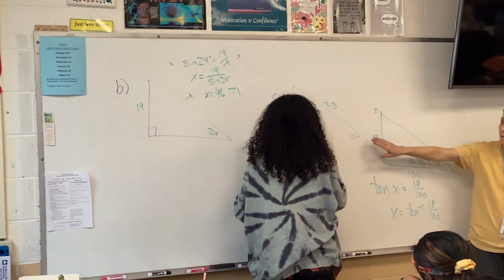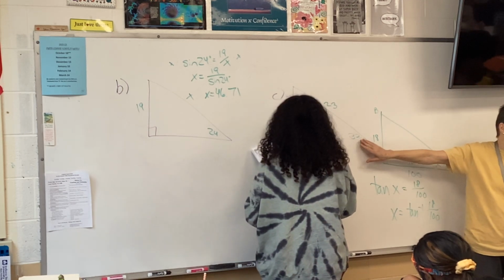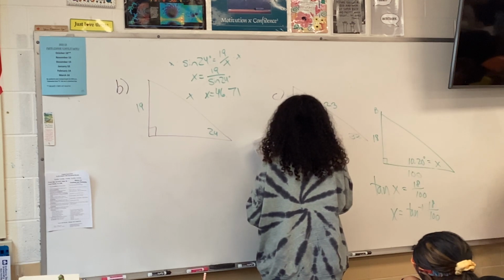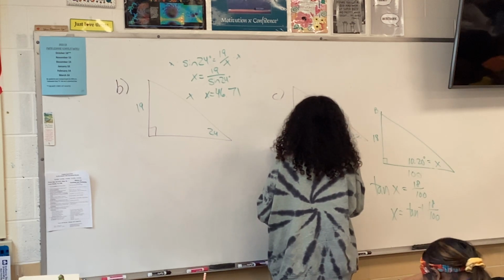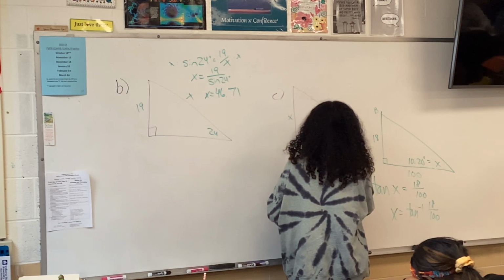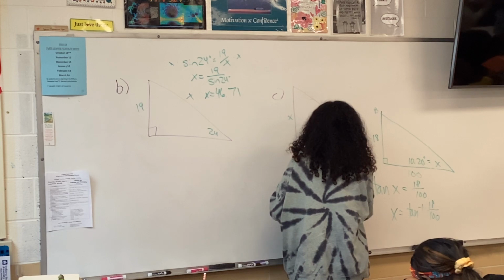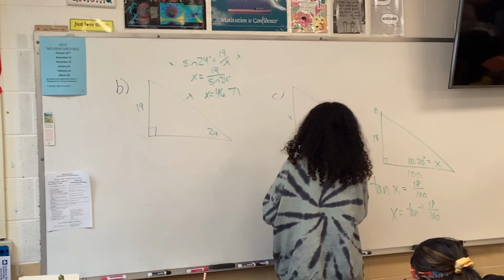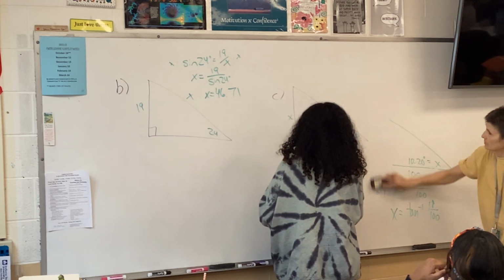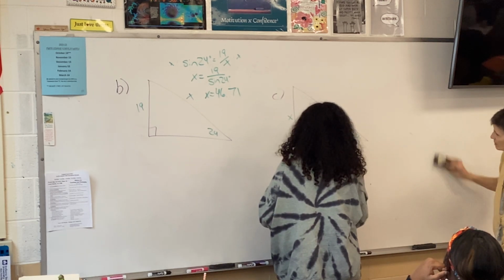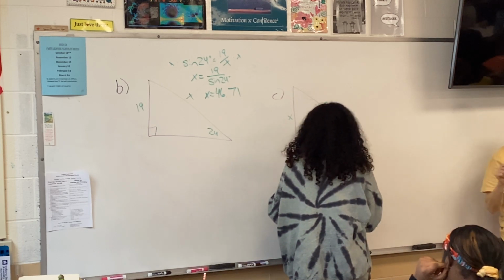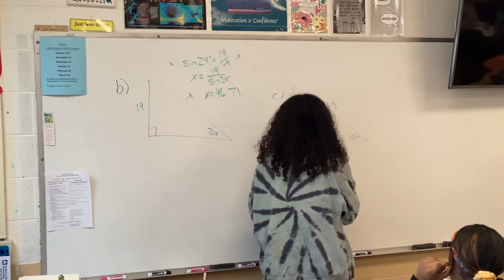Remember, your angle always goes here, guys. On these elevation and depression problems, your angle is always going to go right there. Now, for problem number A, we use second something, right?